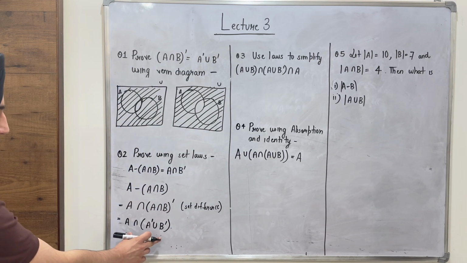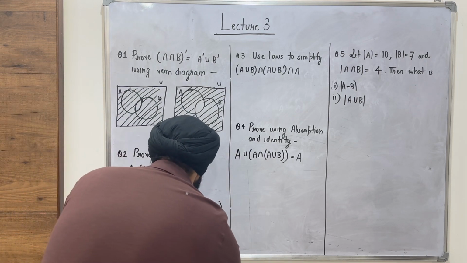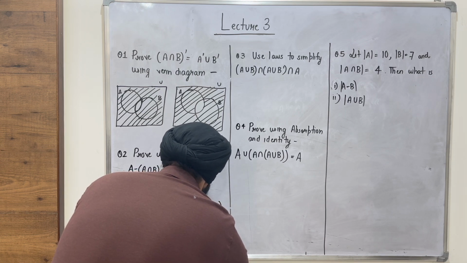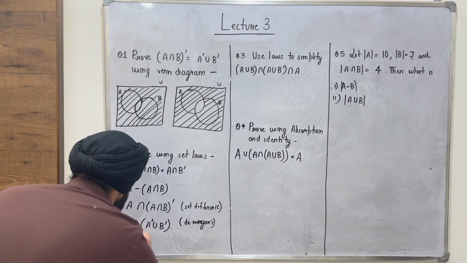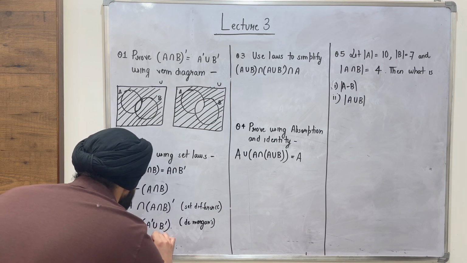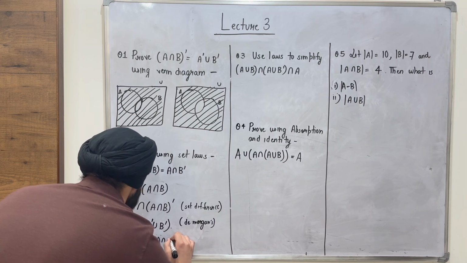Now, if you notice, we have reached the distributive law position over here. So this is De Morgan's, and now I can solve it using the distributive law. So I get this union A intersection B complement.